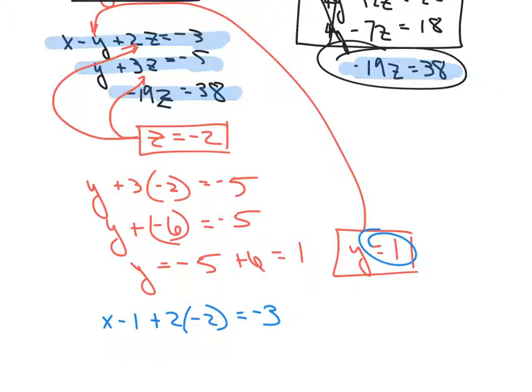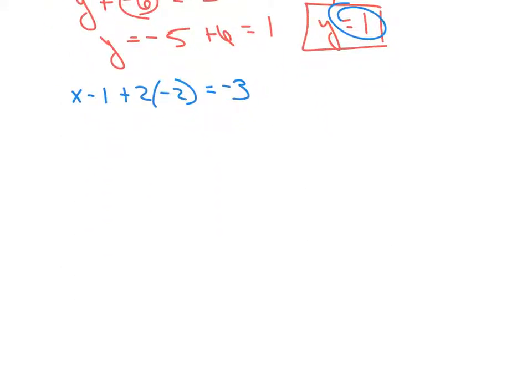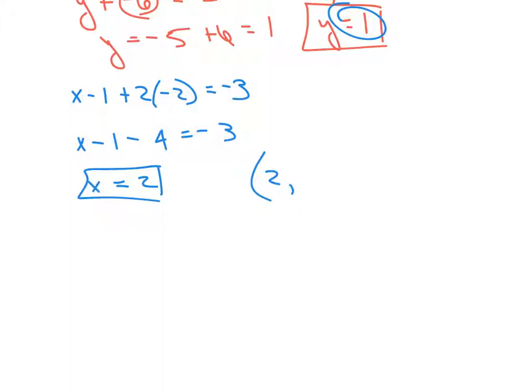Alright, I'm going to have to move this up again. So x minus 1 minus 4 equals negative 3. X equals negative 3 plus 1 is negative 2 plus 4 is 2. So x is 2. So what I found out is my answer: x is 2, y is 1, z is negative 2. And that is my answer.